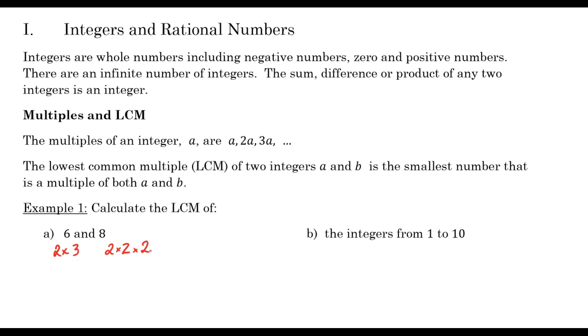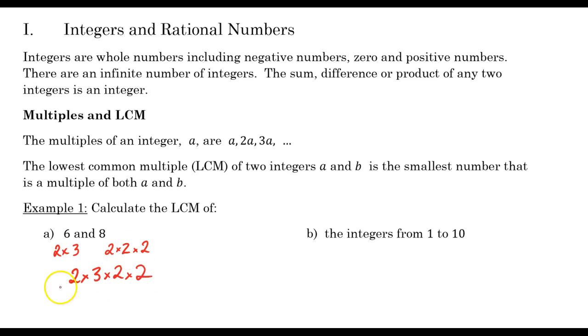What I'm after is a list that includes the factors from both of those numbers. So I need a 2 and a 3, and I need some more 2s.